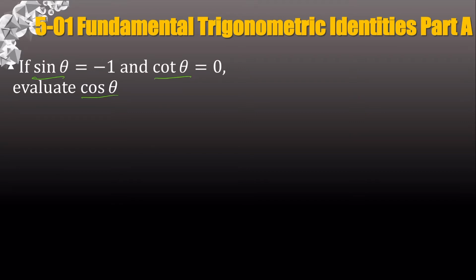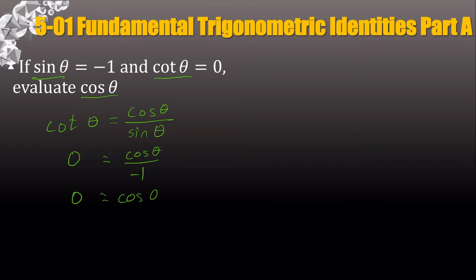Tangent is sine over cosine, so the reciprocal, cotangent, is cosine over sine. Cotangent of theta is 0. Sine of theta is negative 1. Multiply both sides by negative 1, and you can see cosine of theta is 0.